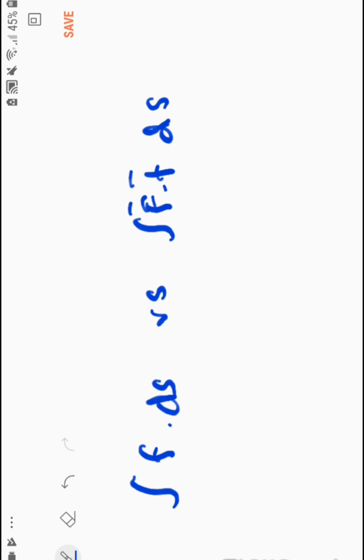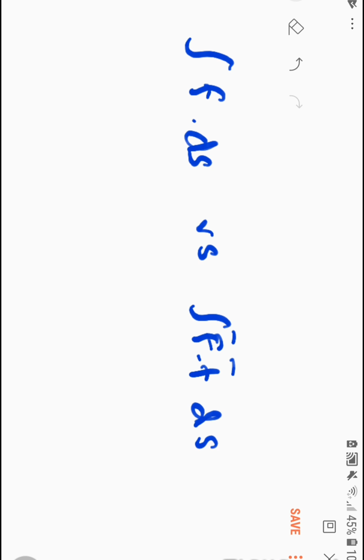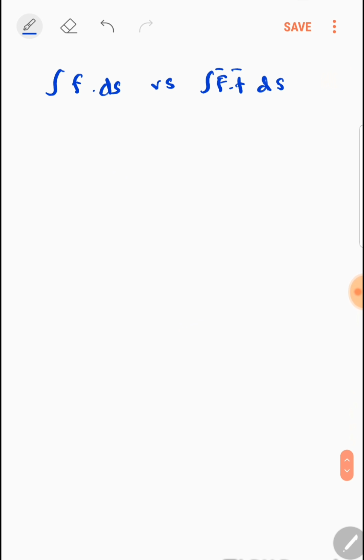What we have for the last bit is about your f dot ds versus your f of t dot ds. So what do you see as the difference between these two? Oops, sorry again, the screen is just moving. If we're talking about f dot ds here, your function is just of x, y, and z.